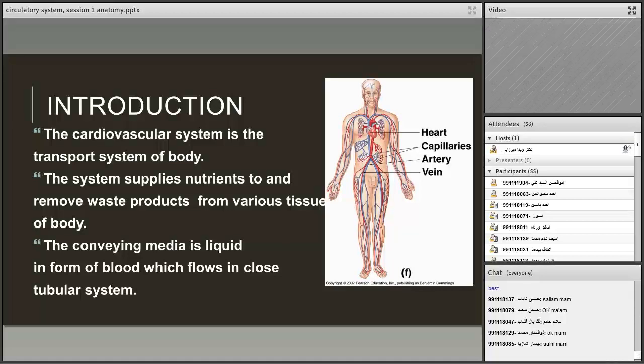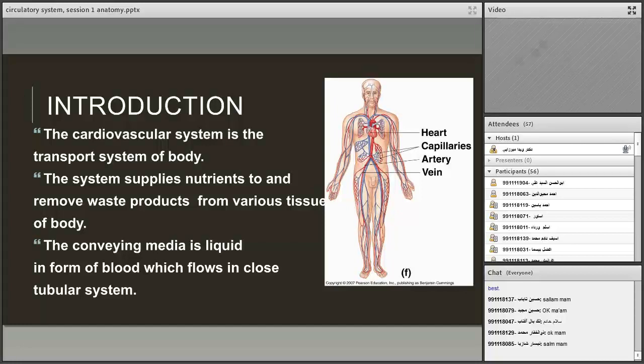The system supplies nutrients to the different tissues of the body and also removes waste products from various tissues. If the body organs and tissues want to work actively in a proper way, they need some supply like oxygen and vitamins, and they have some waste products. The circulatory system will do this for all the organs.